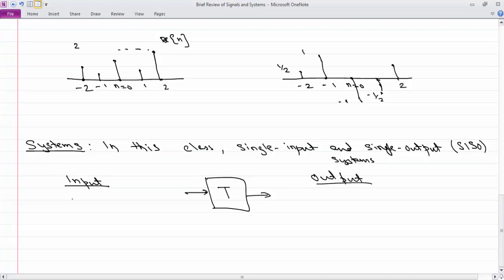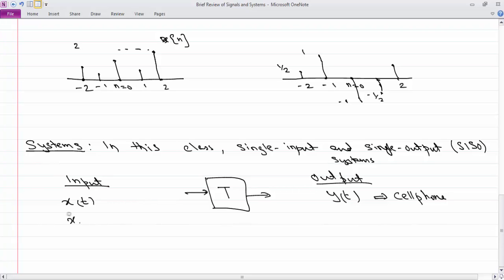So you can have a system which is taking continuous input and generating continuous output. An example of that is a cell phone. It takes in voice, which is continuous, and generates RF signals, which are continuous.